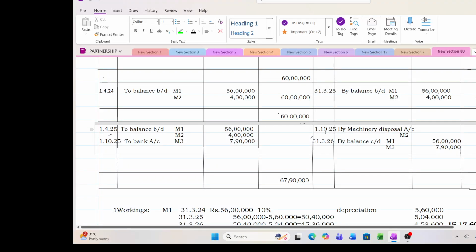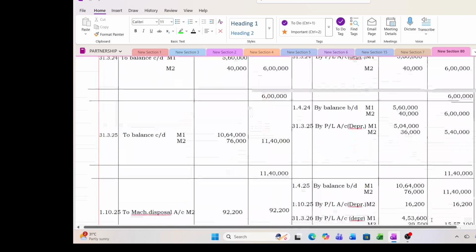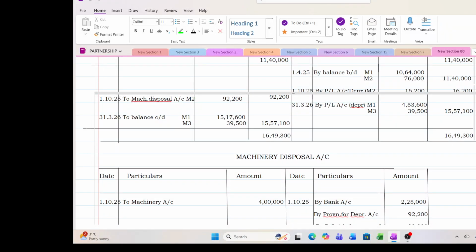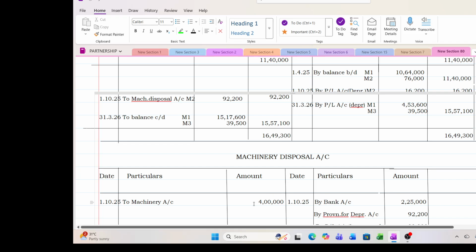On 1/10/25, M2 has become obsolete and auctioned. So we have to remove it from the machinery account and take it to the disposal account. So I have removed M2 for its 4 lakh rupee book value and taken it to my disposal account.